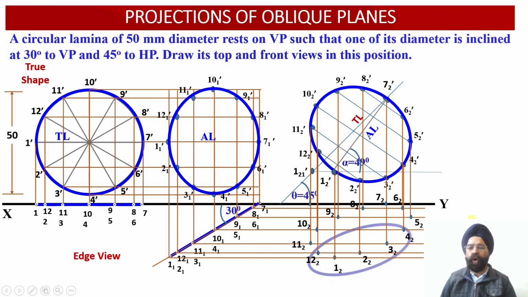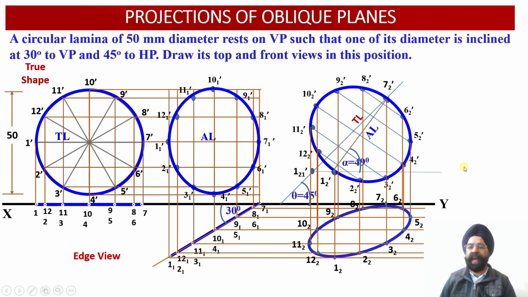So this way all the 12 points in the top view projections have been obtained. Once we join all of these 12 points, we have been able to obtain the top view projection of this oblique lamina, which is inclined with respect to the vertical plane at an angle of 30 degrees and with respect to the horizontal plane at an angle of 49 degrees.